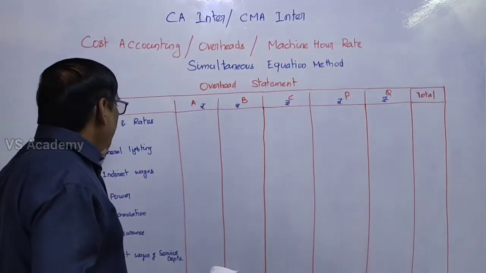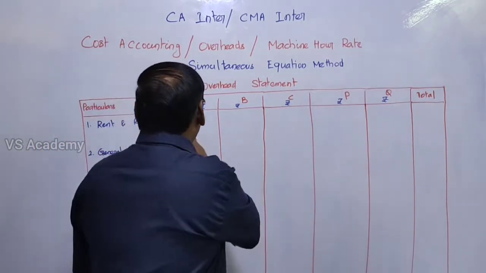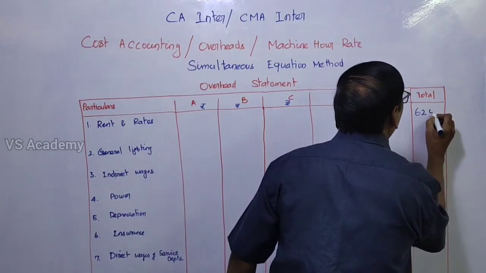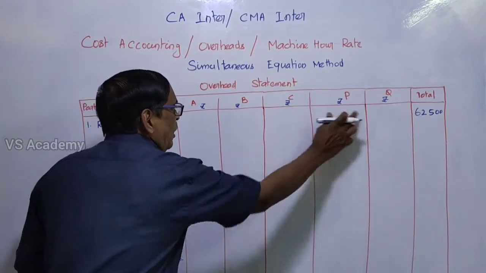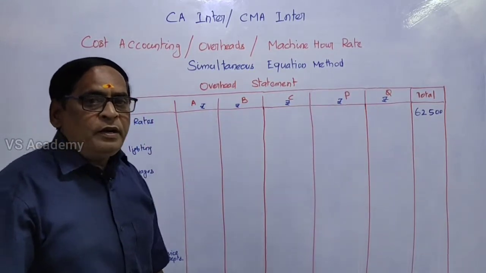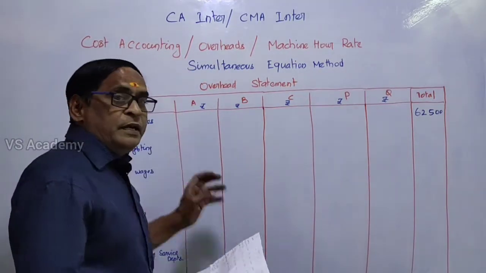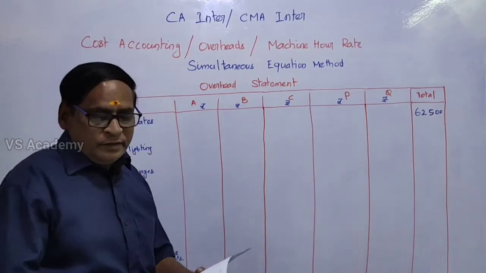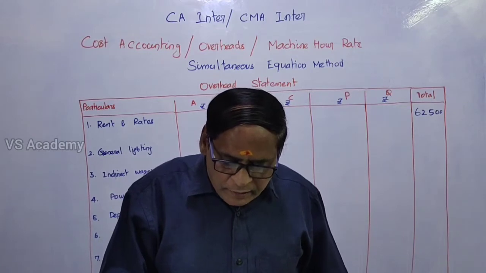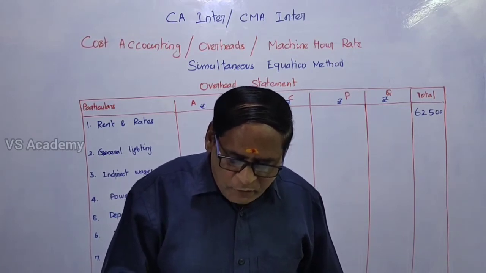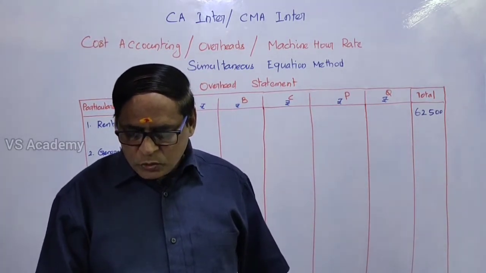The common expenditure, the rent and rates, is given as per the question: rent and rates 62,500 rupees. So this amount is to be distributed between all these departments. On what ratio do we have to calculate? The basis of apportionment. For rent, normally it is on floor area. The floor space is given: 2000 is to 2500 is to 3000 is to 2500.